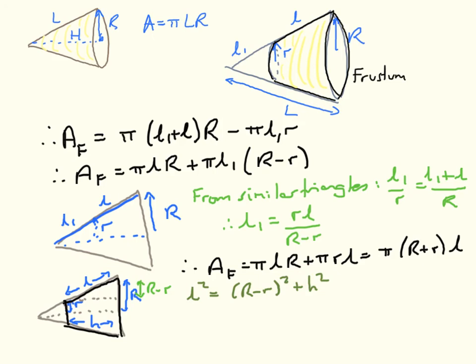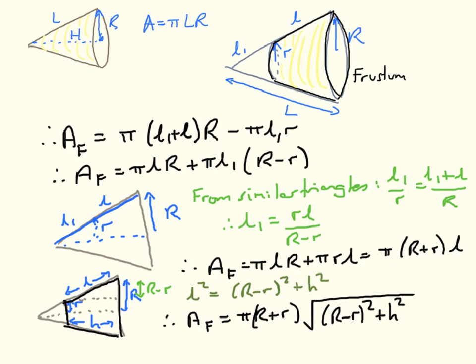So this tells us that the area of our frustum, AF, can be written as pi capital R plus little r, that's this bracket here, multiplied by the square root of capital R minus little r squared plus h squared, where h is the height of the frustum.